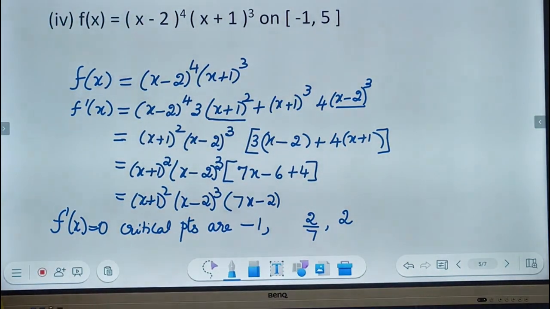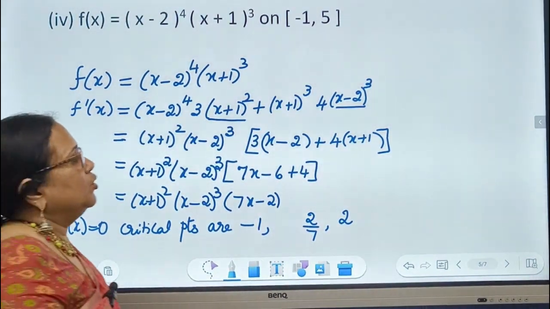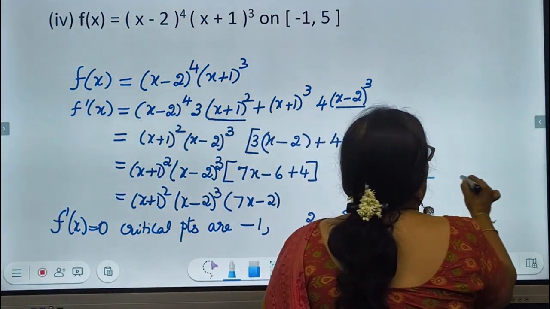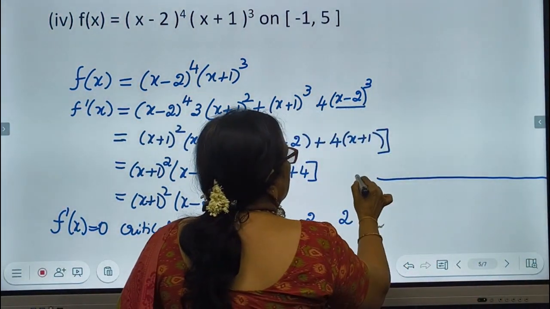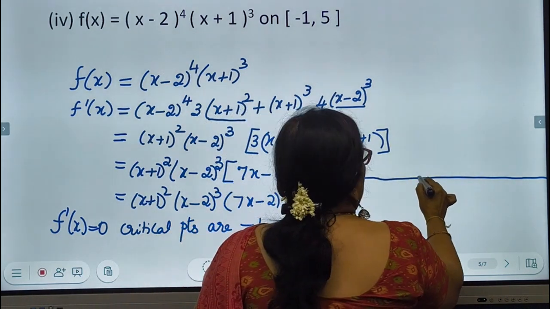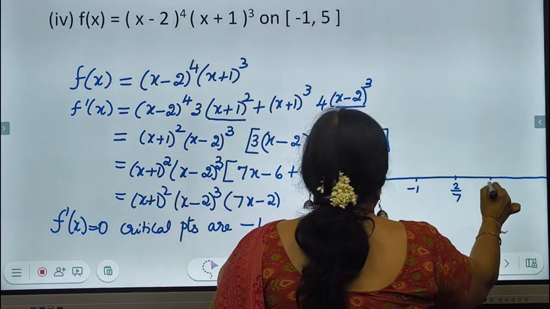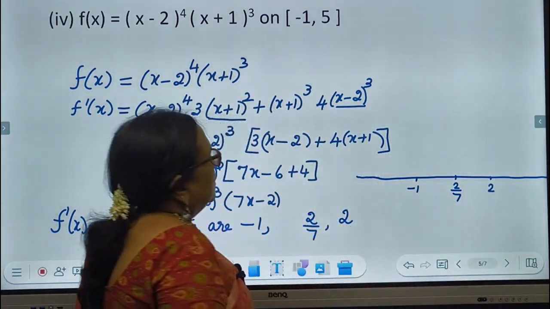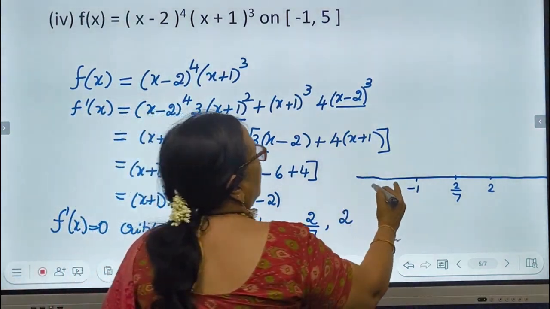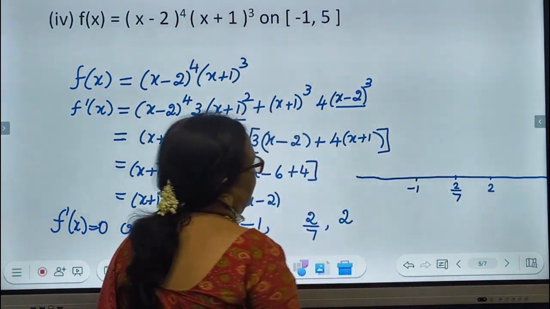These are the critical points. And they have asked you to find only to the right of -1 and less than 5.